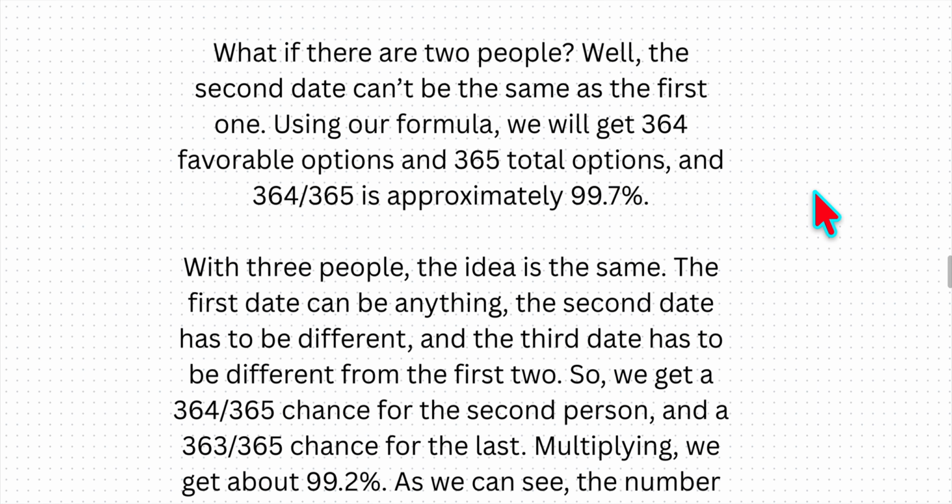Using our formula, we will get 364 favorable options and 365 total options. And 364 over 365 is approximately a 99.7% chance. In other words, for every 1,000 groups of 2 people, 997 of them will have those people having different birthdays.